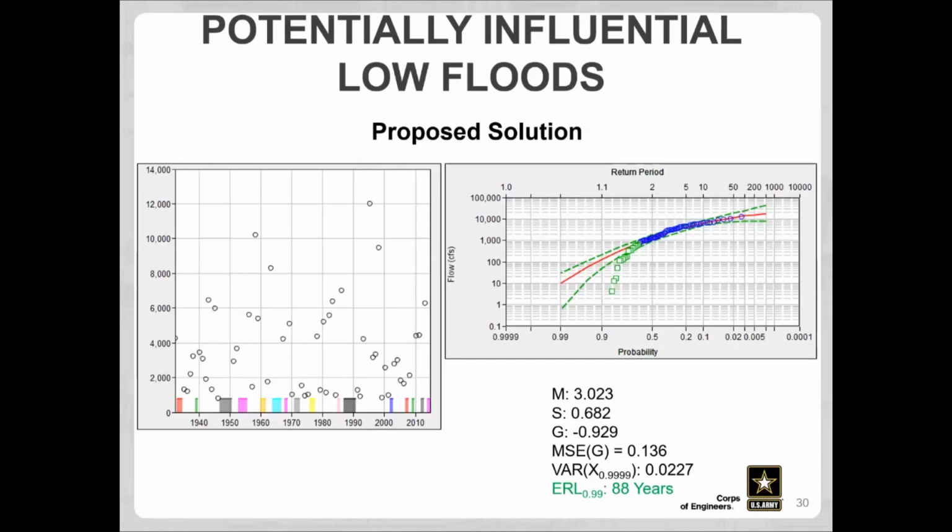And the metrics that get reported associated with that in the software, which are the mean square error of the skew parameter, the quantile variance, and the effective record length. So if you're only interested in the computed curve, either method will give you the exact same answer. If you're interested in the uncertainty, this method here will give you a more plausible answer for a lot of cases.